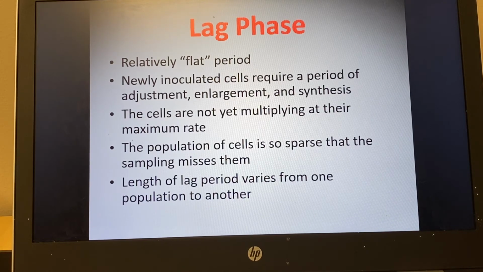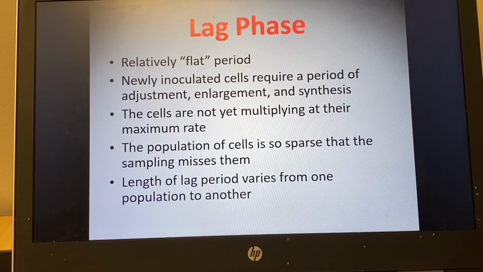Okay, so the cells are not yet multiplying at their maximum rate. They're going to be multiplying a little bit, but not a lot. And in fact, if you had an infection, you would not be feeling any symptoms at this time. You wouldn't know to go to the doctor. And even if you had a test done or a sample, the test would probably come back negative simply because the cells are there in such a low number. Okay, so that's what the lag phase is.